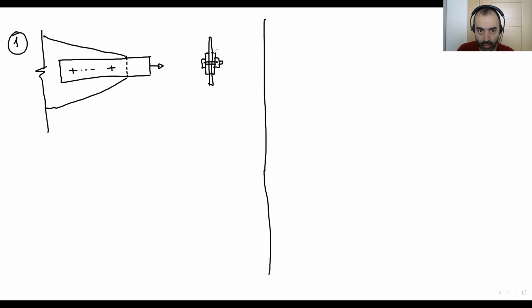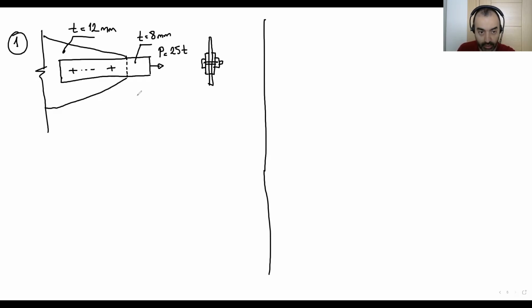Okay, this is the section view. Here is 25, by this is 8 millimeter, and thickness of this is 12 millimeter.